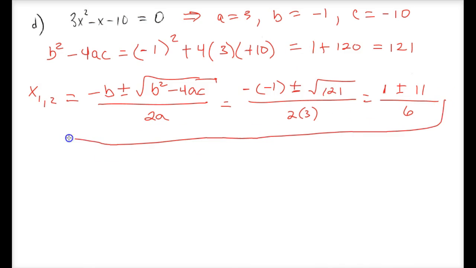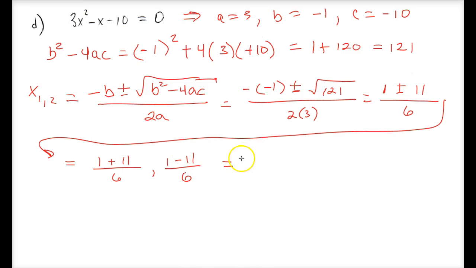To finish this up, we know that we have two answers here. We have 1 plus 11 divided by 6, and 1 minus 11 divided by 6.